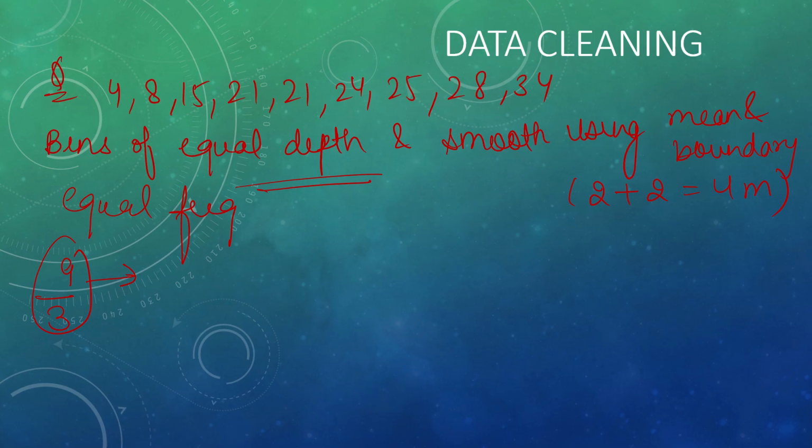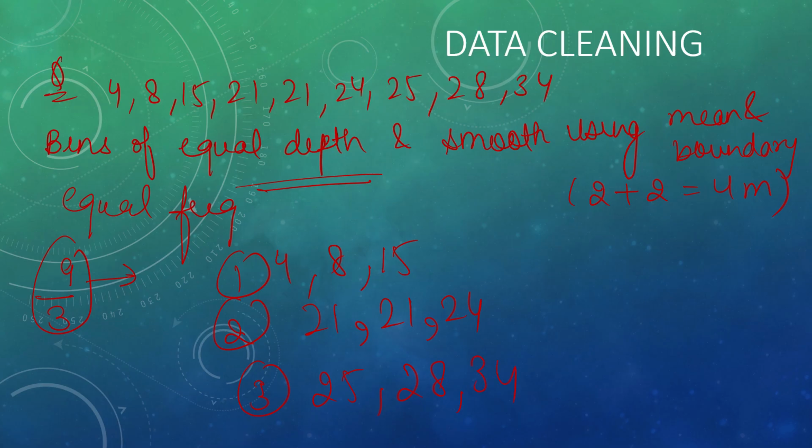So here we have 9. 4, 8, 15, 21, 21, 24. Then third bin will be 25, 28, and 34.